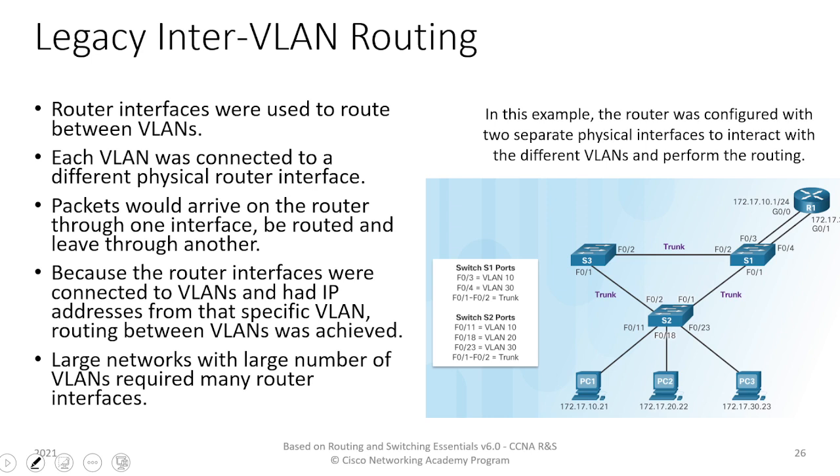Say for example, in this case, we have VLAN 10, VLAN 20, and VLAN 30. So for each VLAN, we will have a separate interface on the switch connecting to a separate interface on the router.